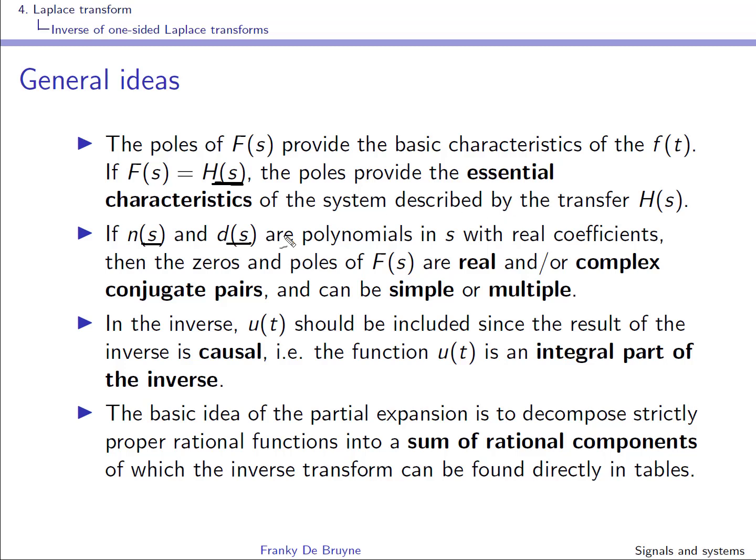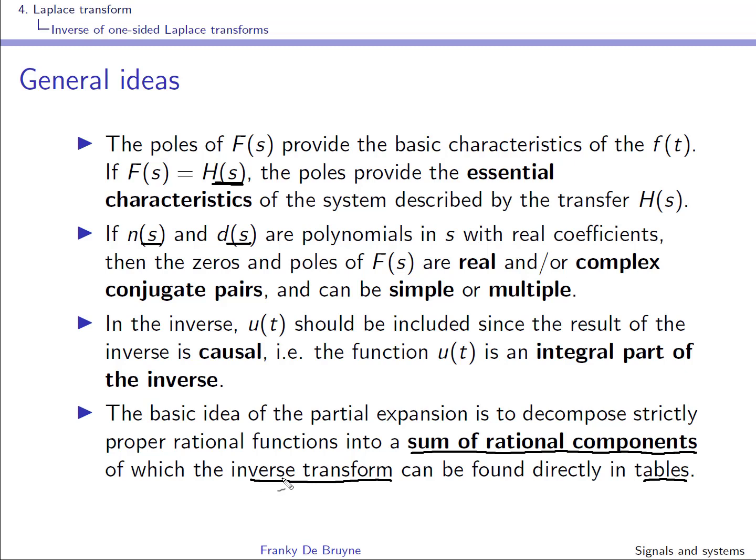So in what follows we will of course focus on the roots of the denominator, the poles of the system. The idea will be to do a partial fraction expansion of F(s), to decompose everything into elementary rational components, and then you can use your tables to find the inverse Laplace transform.